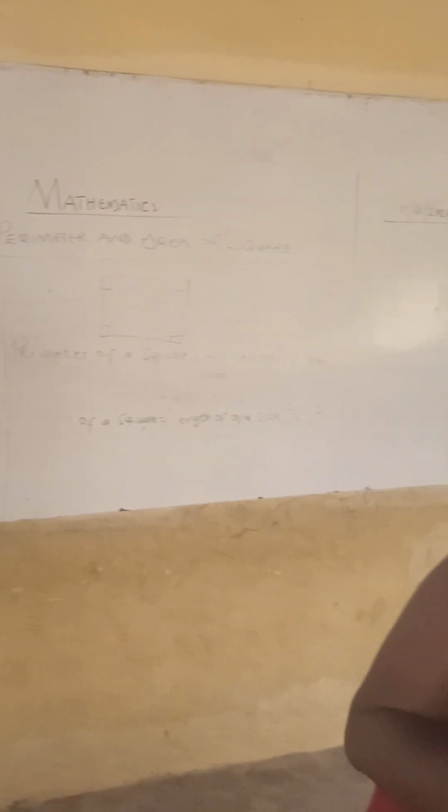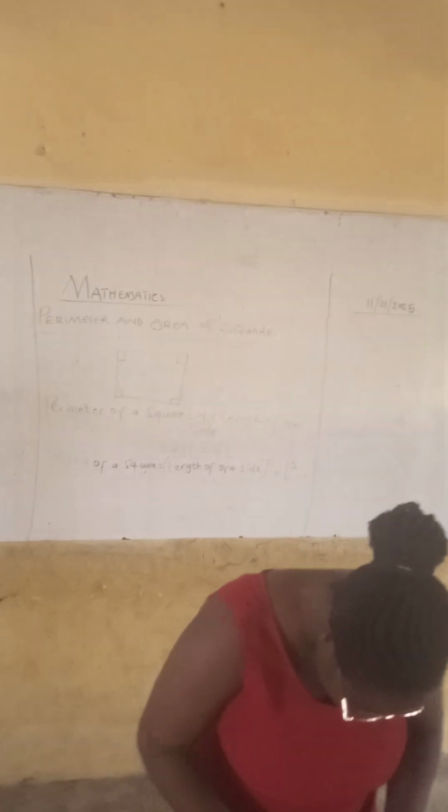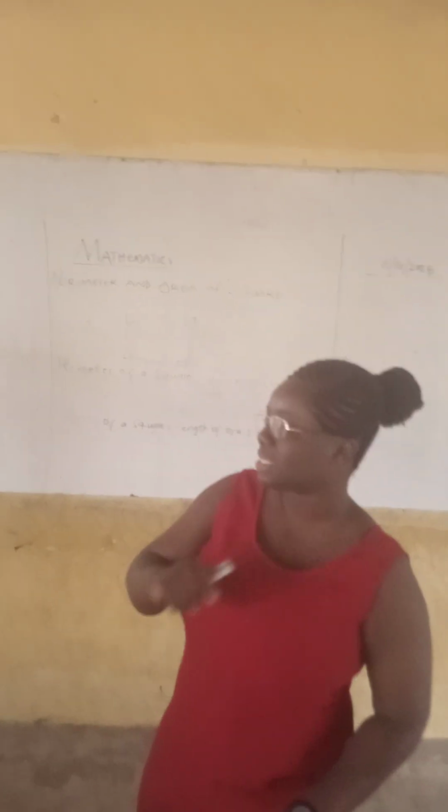So question 1, or example 1: we should find the area and perimeter of a square of side 6 centimeters.